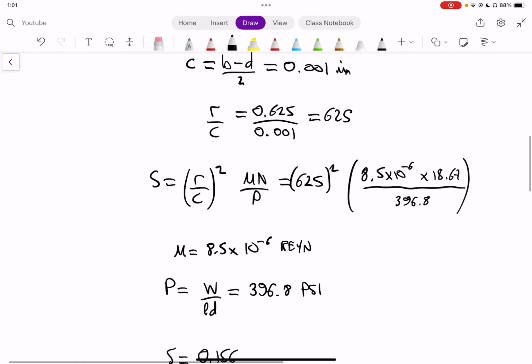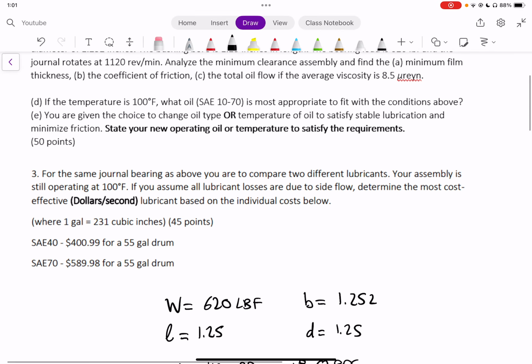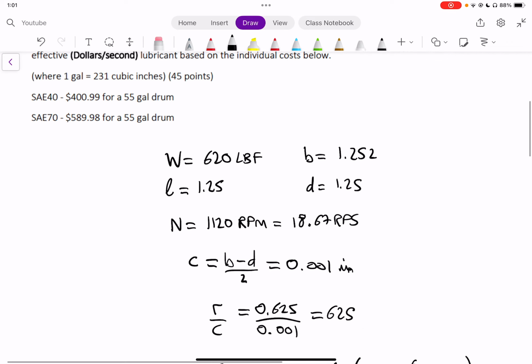Now, if we look at our question, it tells us you're given the choice to change the oil type or the temperature. So we're only allowed to change the temperature or the oil type. So we have to decide based on mu, and that's it. We can't really change the n or the p. We're only allowed to change mu.